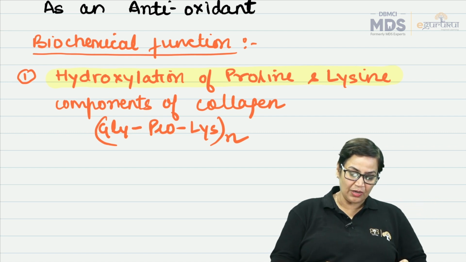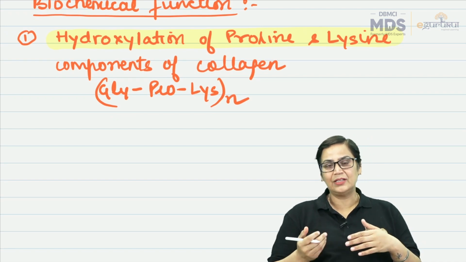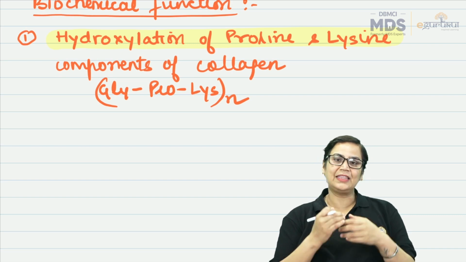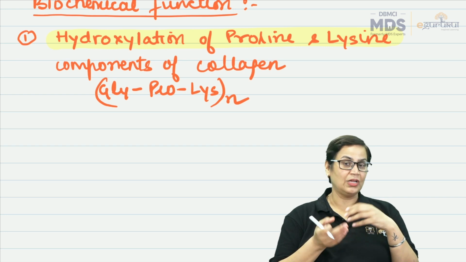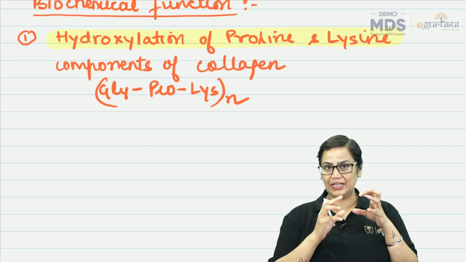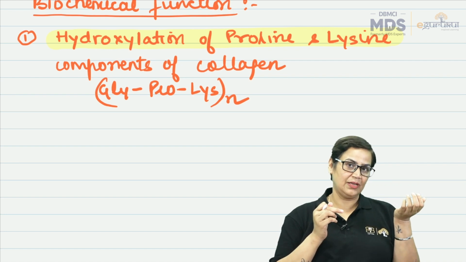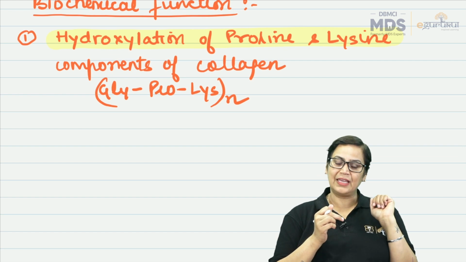Okay. So now collagen is a protein, so it is synthesized in the body. Now, we have already discussed that there are some post-translational modifications also. Post-translational modification means the protein which is produced has to modify itself before it undergoes some function. So, same is the case here.